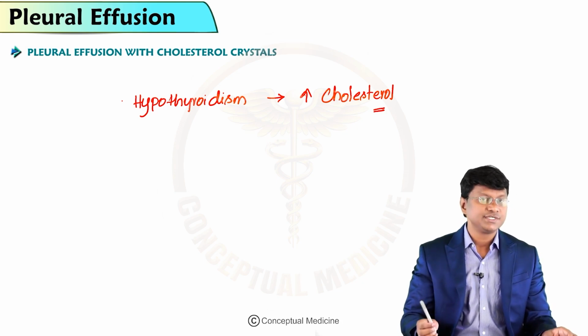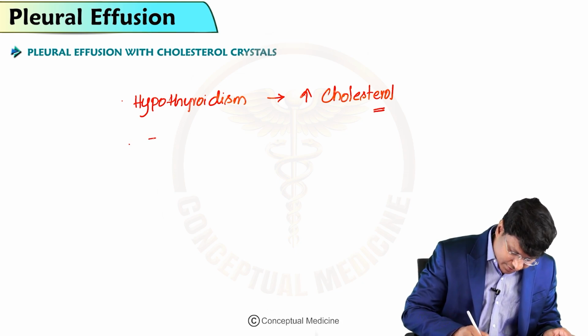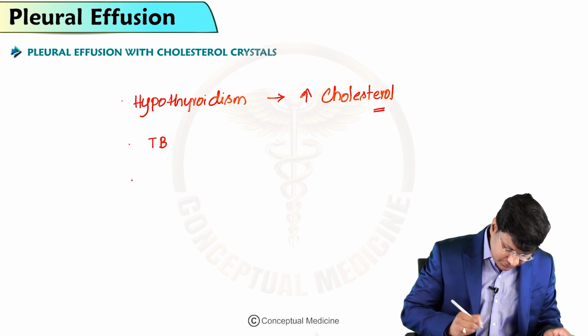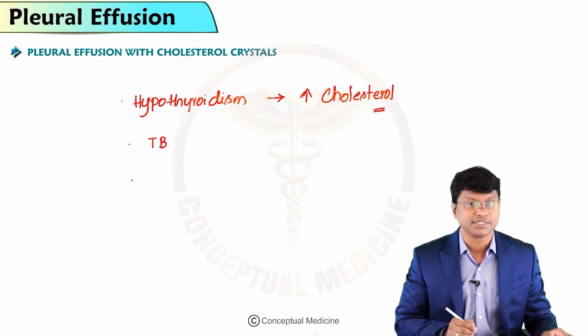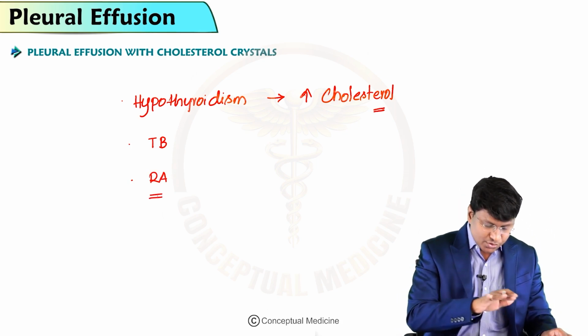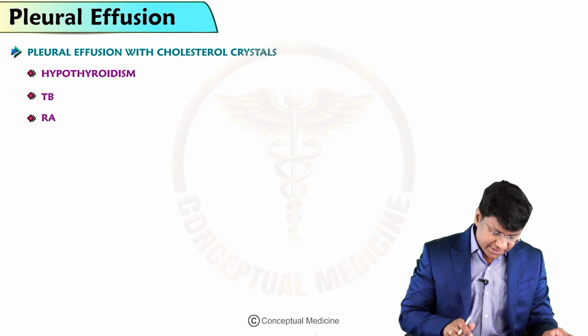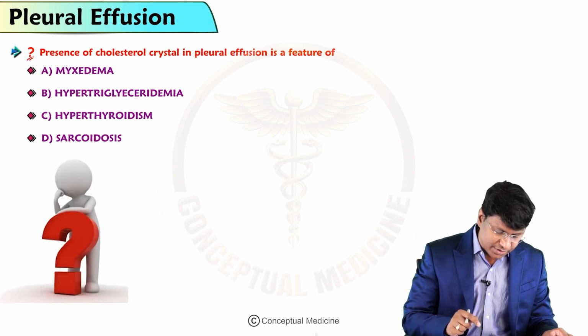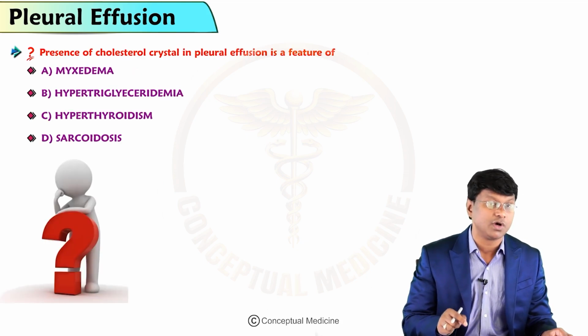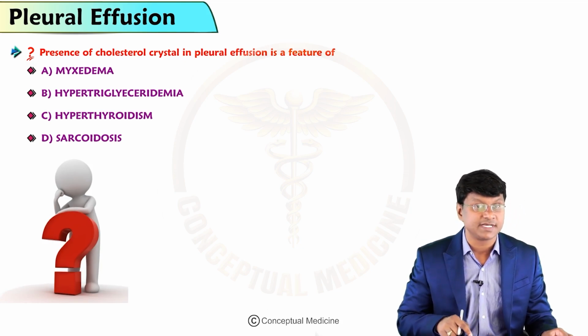Next, the other conditions where you have cholesterol crystals in the pleural effusion are tuberculosis and rheumatoid arthritis. So these are the conditions of pleural effusion with cholesterol crystals. And if you see this question now, presence of cholesterol crystals in the pleural effusion is a feature of: the options are myxedema, hypertriglyceridemia, hyperthyroidism and sarcoidosis.